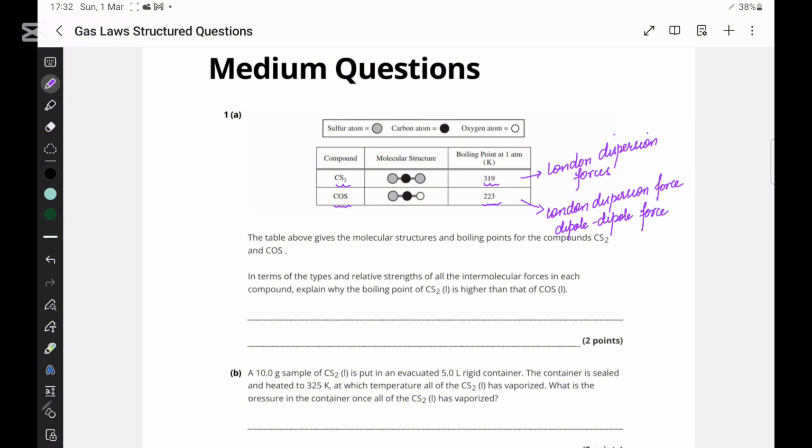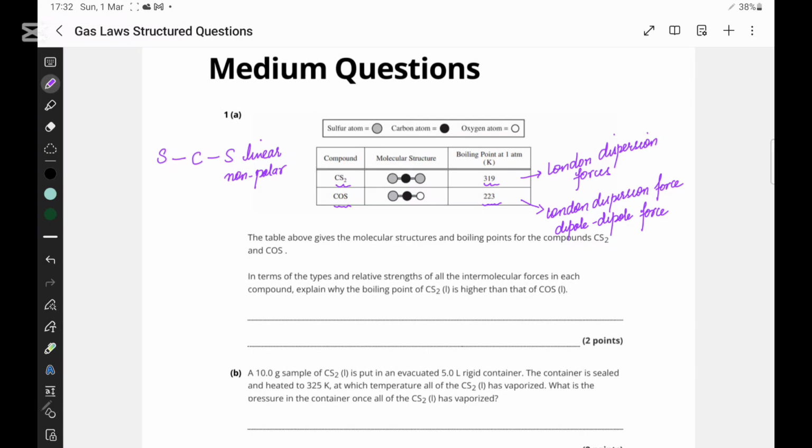So how do we know that CS2 is going to have only London dispersion forces? First of all, if you see the structure of CS2, you are going to see that this molecule is linear, and if it is linear, it is going to be non-polar because the same atoms are on both sides.